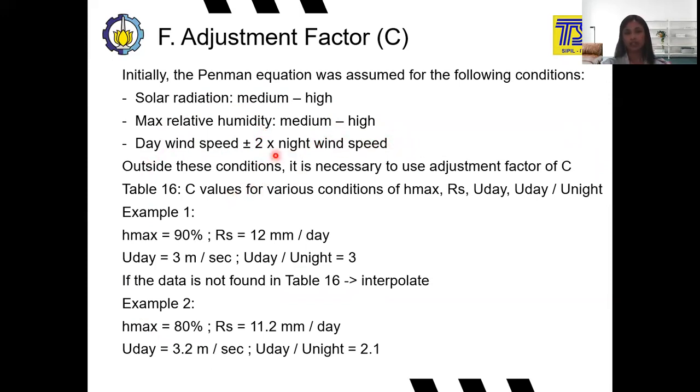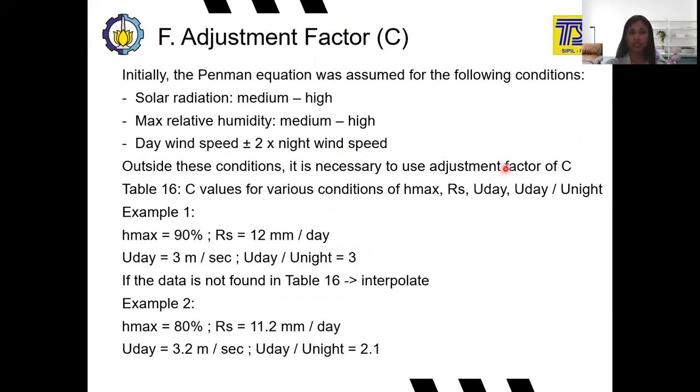Outside these conditions, we will need the adjustment factor so that the number from our calculation will be much nearer to the actual evapotranspiration that happens in the field.